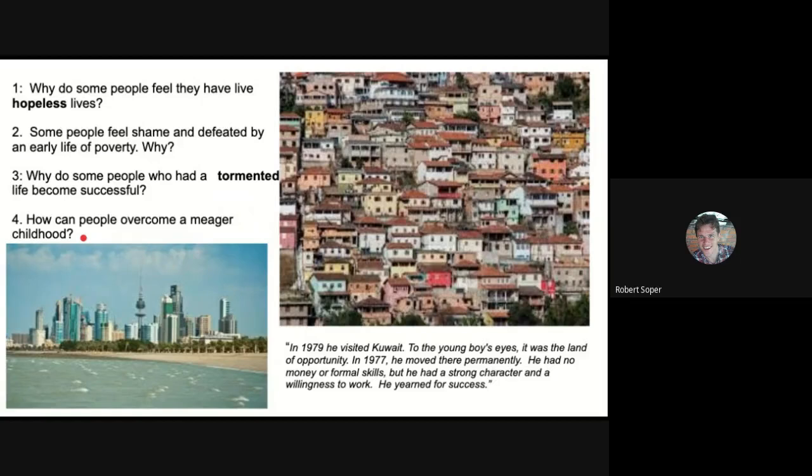Well, people can overcome a meager childhood by developing the skills and traits and abilities that are needed to escape it.